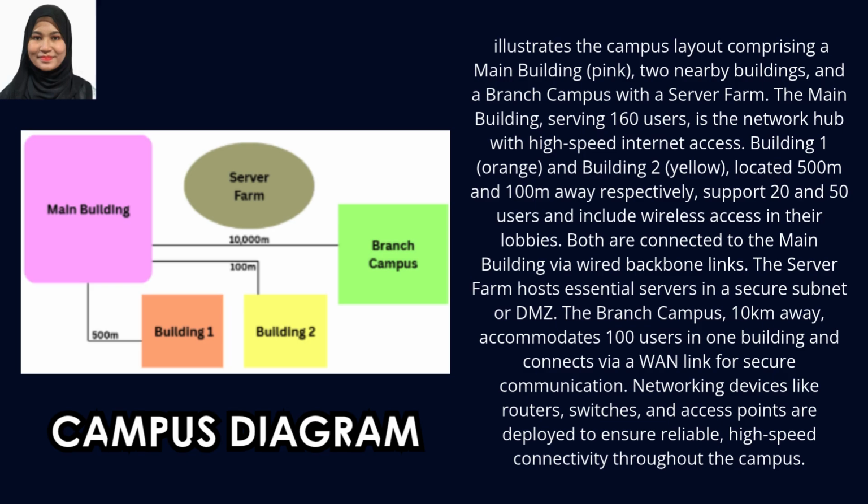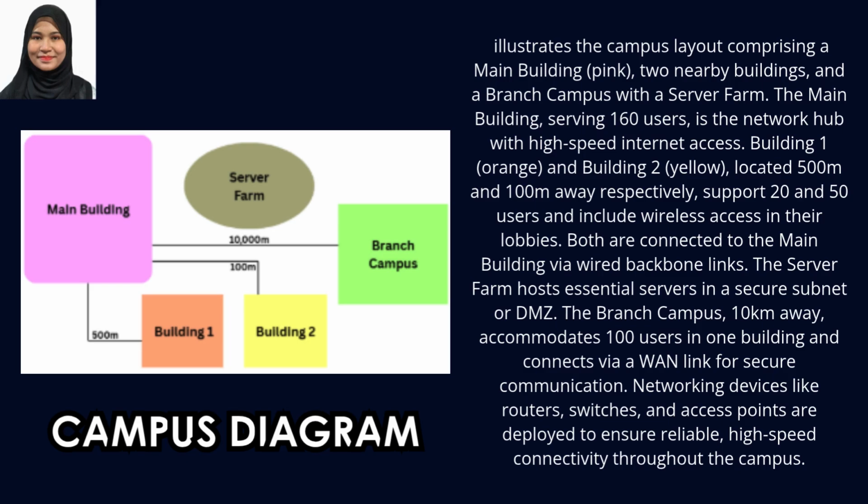Building one, which is orange, and building two, which is yellow. These two buildings are located 500 meters and 100 meters away respectively, and support 20 and 50 users as I mentioned earlier, and include wireless access in their lobbies. Both are connected to the main building via wired backbone links.